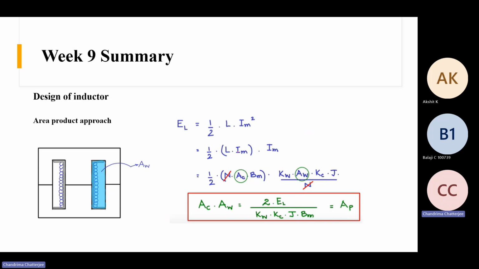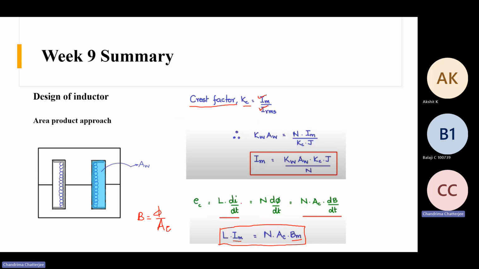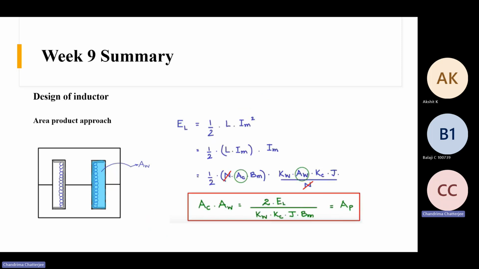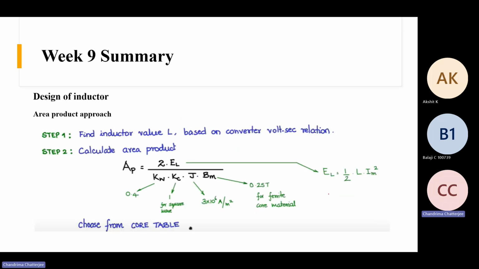If you just separate these two Im's, we already saw L Im is N AC Bm and Im is this expression. You just replace it and you will get an expression for the area product. So the area product is 2E by KW Kc J Bm. That's how you can get the area product value.